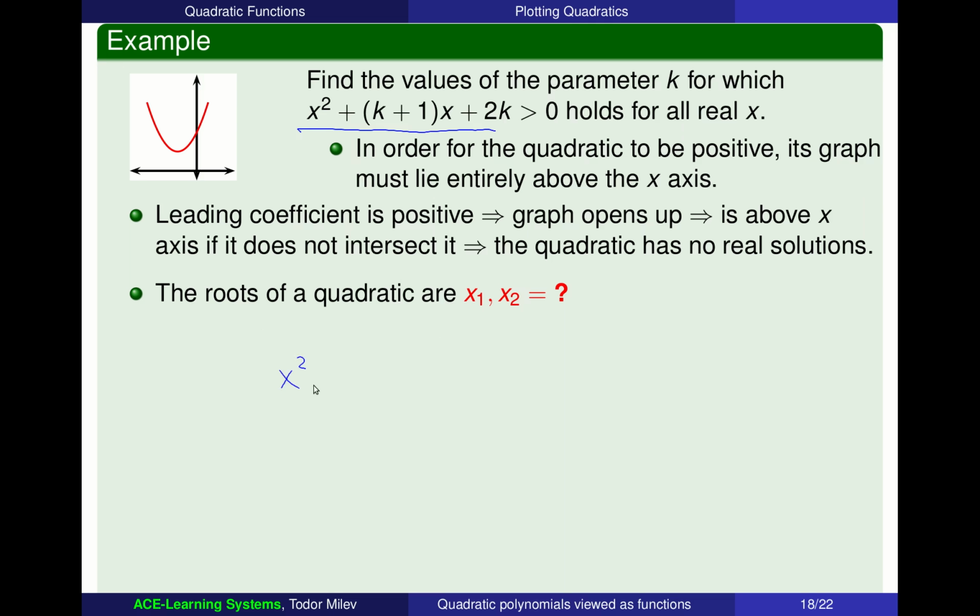So what I'm really asking you is to set x squared plus (k plus 1) times x plus 2k equal to 0 and to solve. So when I'm asking you for the roots, I'm asking you to solve that equation that you see here. And what are the roots of that equation?